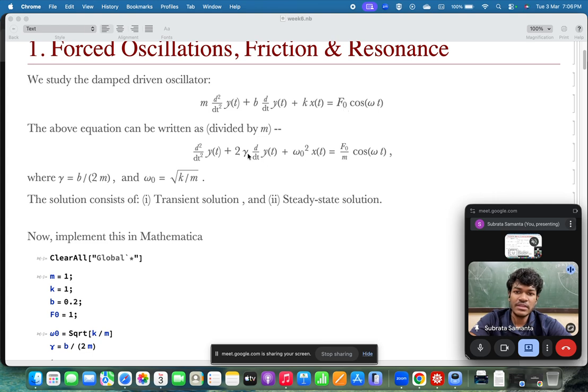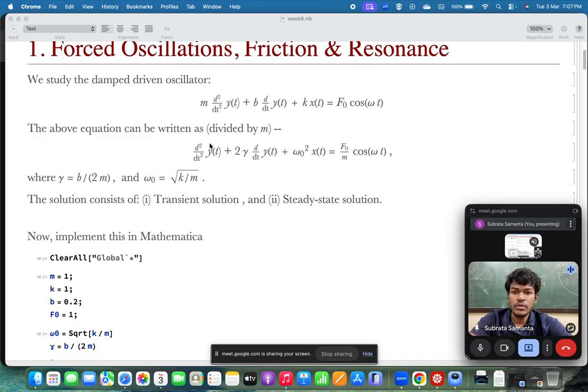I rewrite in terms of gamma, omega naught, and F naught over m. The independent parameters remain 4, but we just re-express them in this form. This is the standard form.